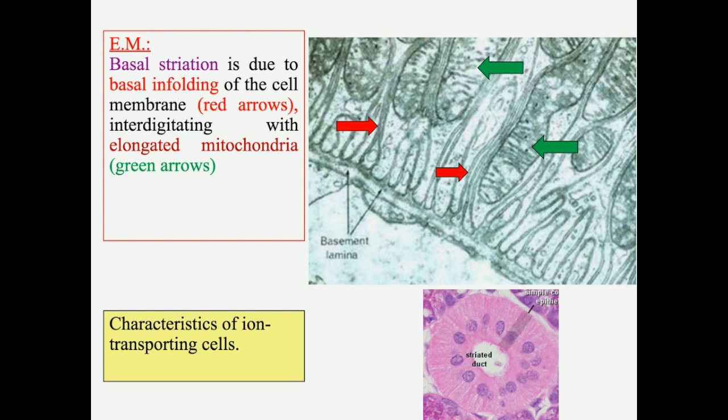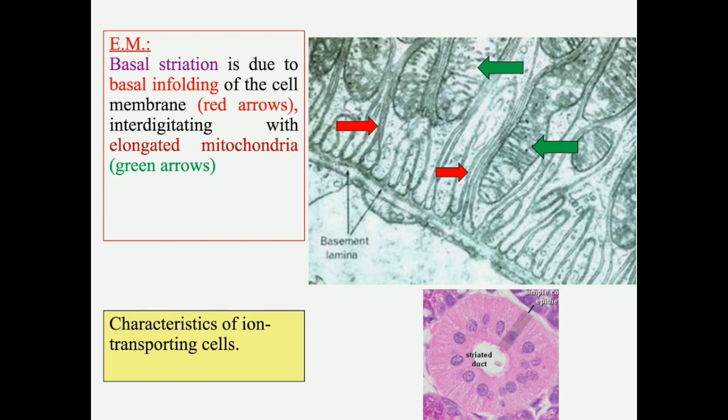What is the cause of these striations? The cause is basal infolding. The cell membrane is not straight, but forms basal infolding. Inside these irregularities we can see mitochondria, which are very helpful in the function of this cell, which is ion transport.